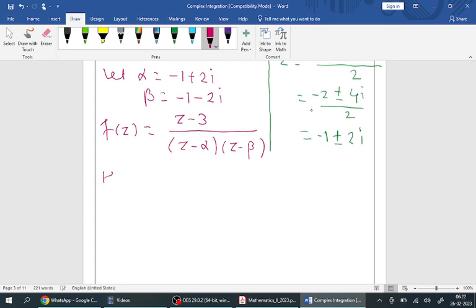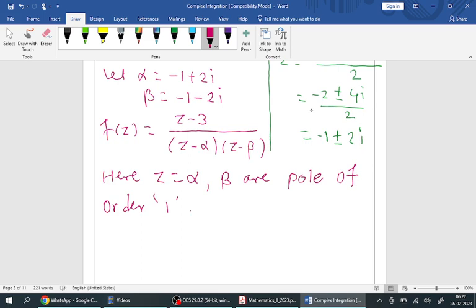So here z equal to alpha, beta are poles of order 1. See the magnitude.